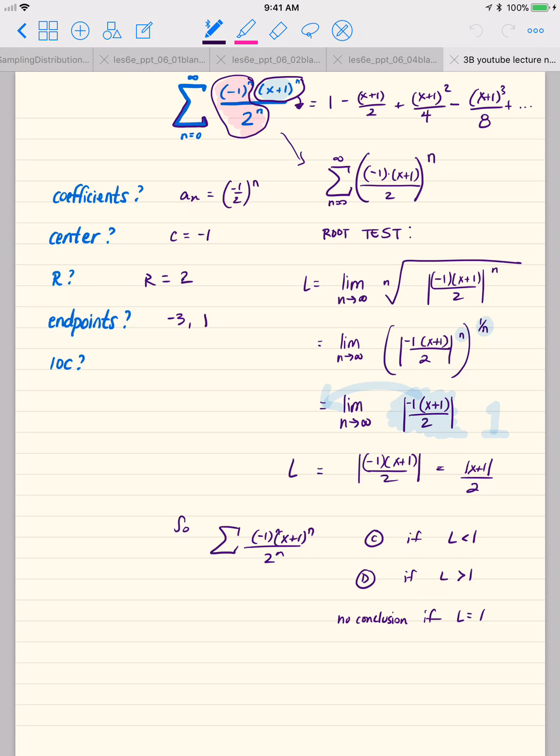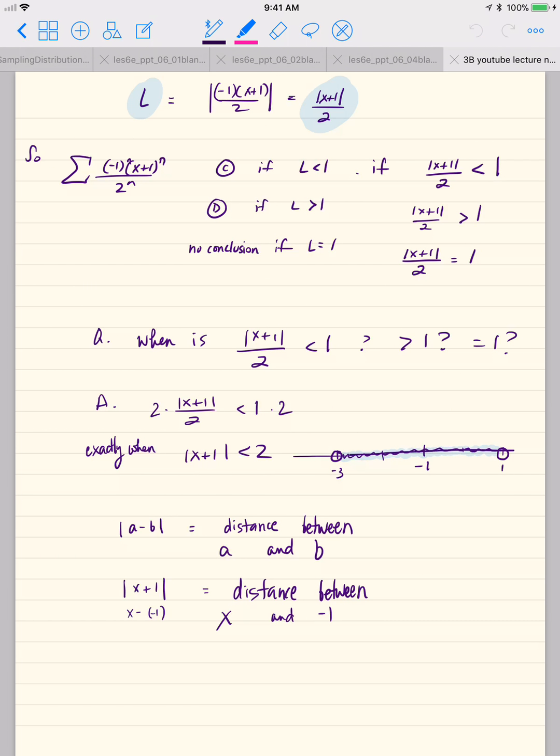your radius and your interval of convergence and your endpoints, for your radius, you're going to use the ratio test or the root test. In this situation, we use the root test. From the root test, you should be able to figure out your radius and your endpoints, right?